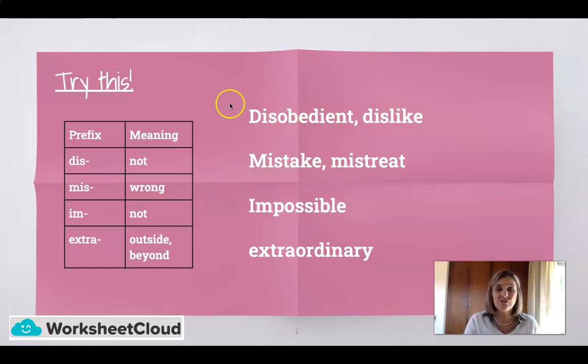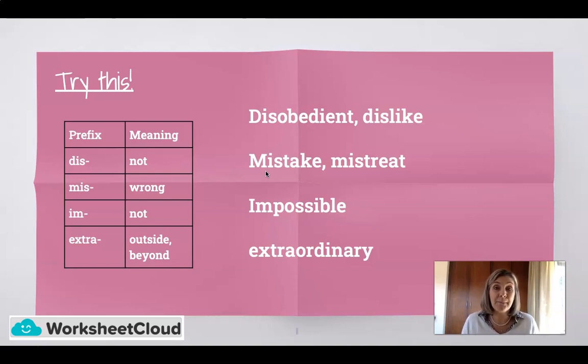Mistake, just realize that that miss means wrong, so wrongly taken. So either somebody made a mistake, so they did the worksheet but they misunderstood, so they've made a mistake. Okay, so it's wrong. Or mistreat, when you treat somebody badly or wrongly, you can say they were wrongly treated. So the word miss means wrong, and then impossible means not. So impossible means not possible.